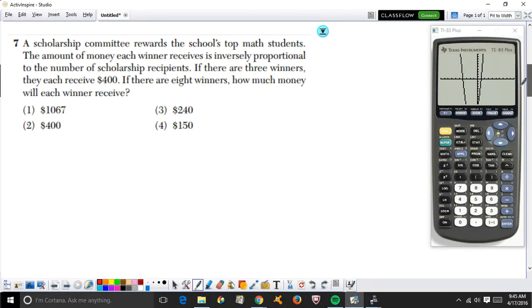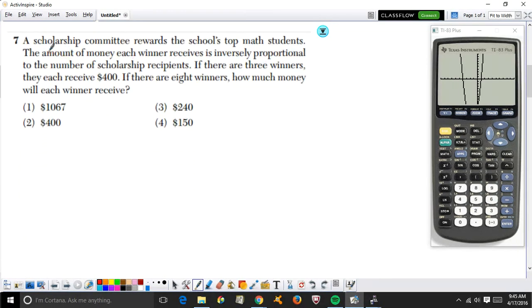Now, in example 7, a scholarship committee rewards the school's two top math students. The amount of money each winner receives is inversely proportional, it's a keyword, inversely proportional, to the number of scholarship recipients. If there are 3 winners, they receive 400.